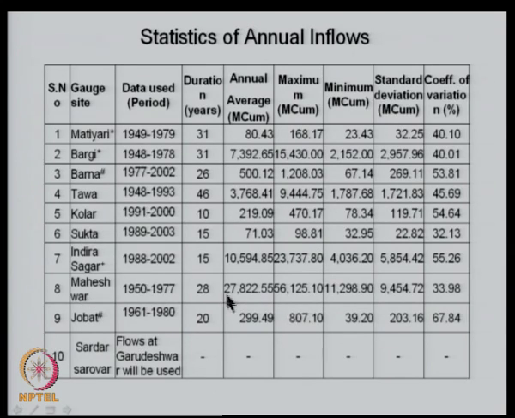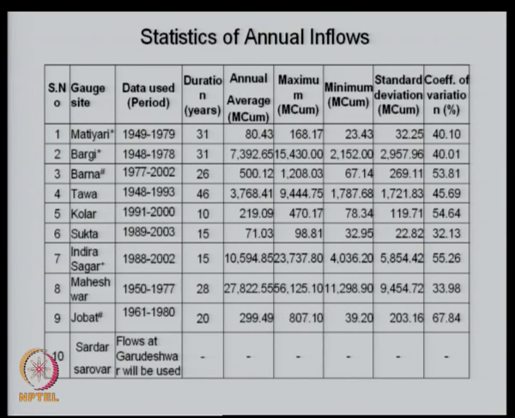As you come down, look at Maheshwar here, it is 27,822 million cubic meters, the average annual flow, which is far higher compared to the 80.43 million cubic meters that we are looking at in any of these tributaries. Similarly, Jobat is a small tributary which has 299.49 and so on.